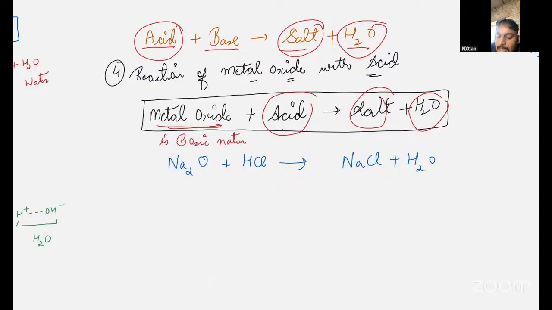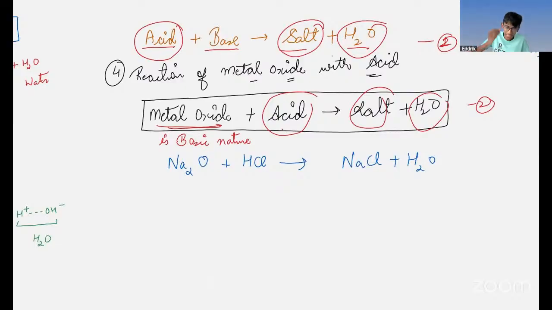That is why it reacts with acid and makes salt and water again. From these two equations, we got that metal oxide is basic in nature. Got it, guys?